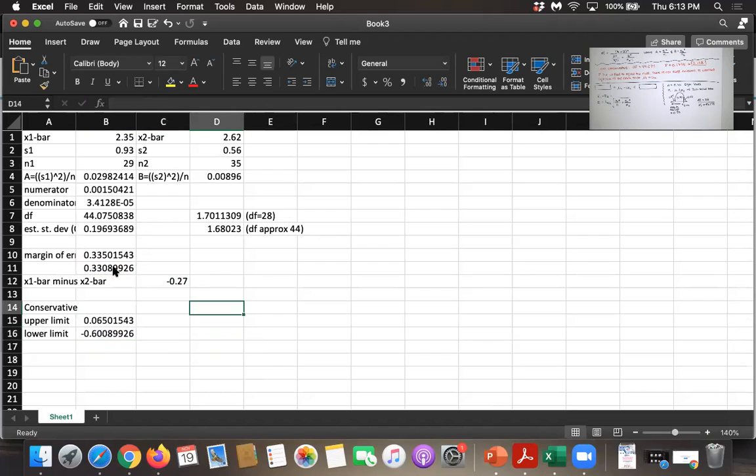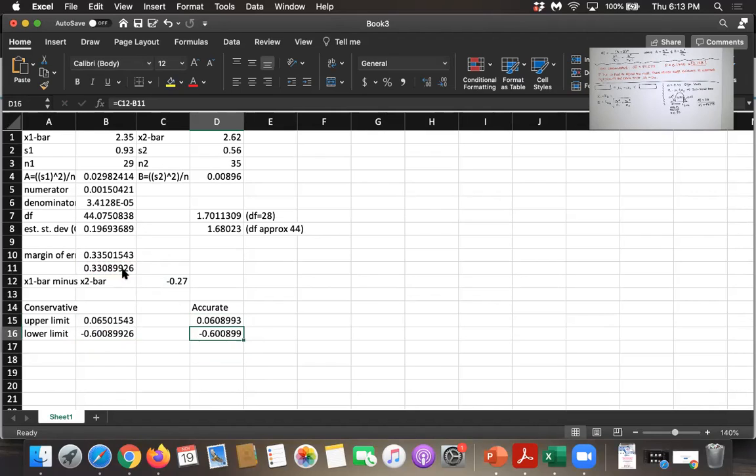So that's one possibility. And this is the slightly more accurate. There we go. Do x sub 1 bar minus x sub 2 bar plus the error, and this is the more accurate error. And then we've got this minus the more accurate error.